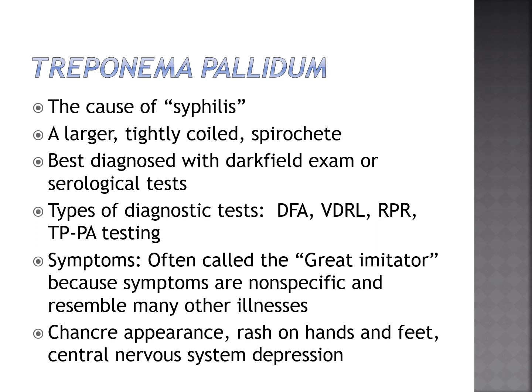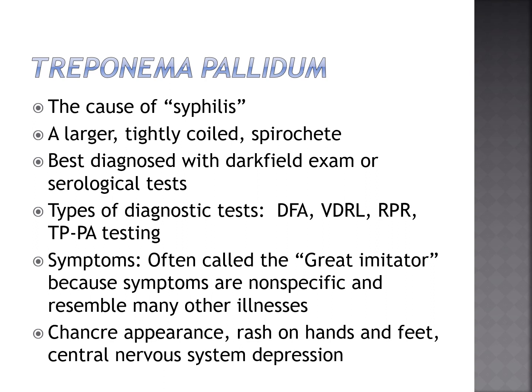It is a larger and tightly coiled spirochete, and it can actually penetrate the skin, much like Shigella and Francisella can do. Types of diagnostic tests would be DFA, VDRL, which stands for Venereal Disease Research Laboratory, RPR, which is Rapid Plasma Reagin, and TPPA testing, which is Treponema pallidum particle agglutination.